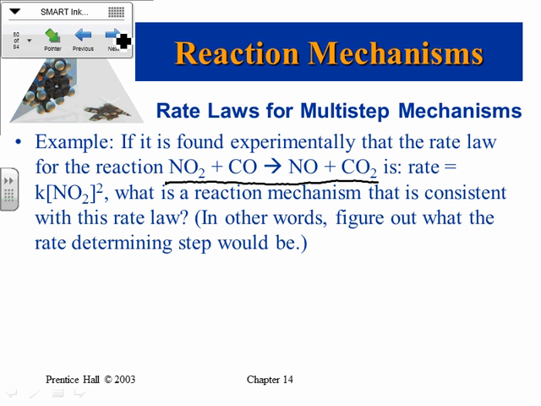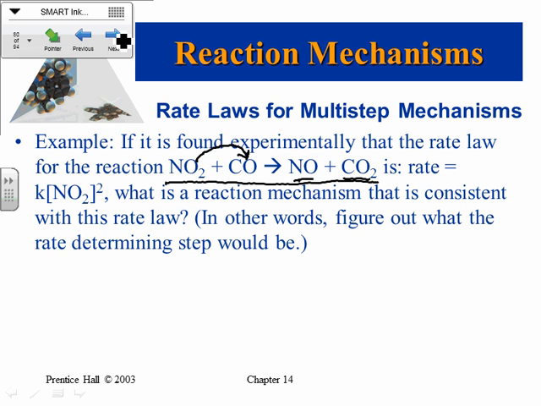We could say, oh, well, I think that this NO2 just collides with the CO, and then all of a sudden we have NO and CO2. Which is not outside of the realm of possibility entirely. I mean, you could have one of these oxygens transfer over here, and then you end up with NO and CO2.